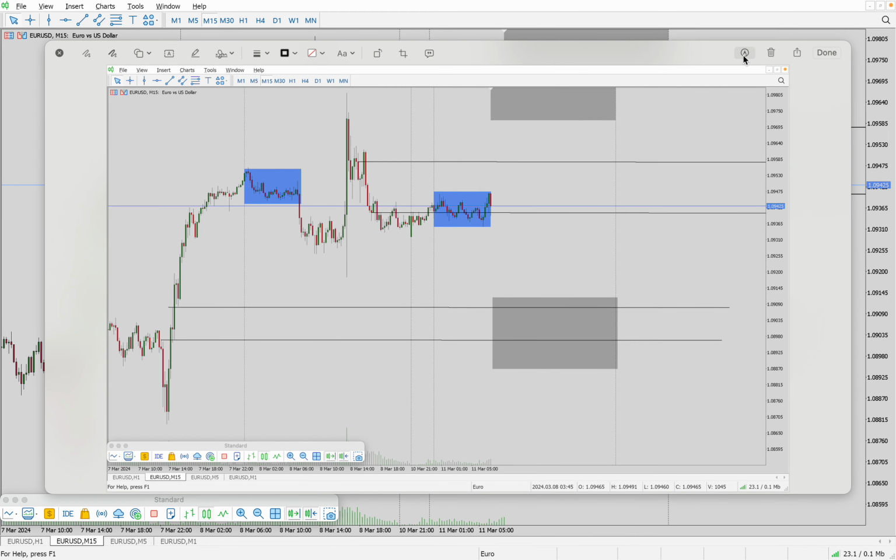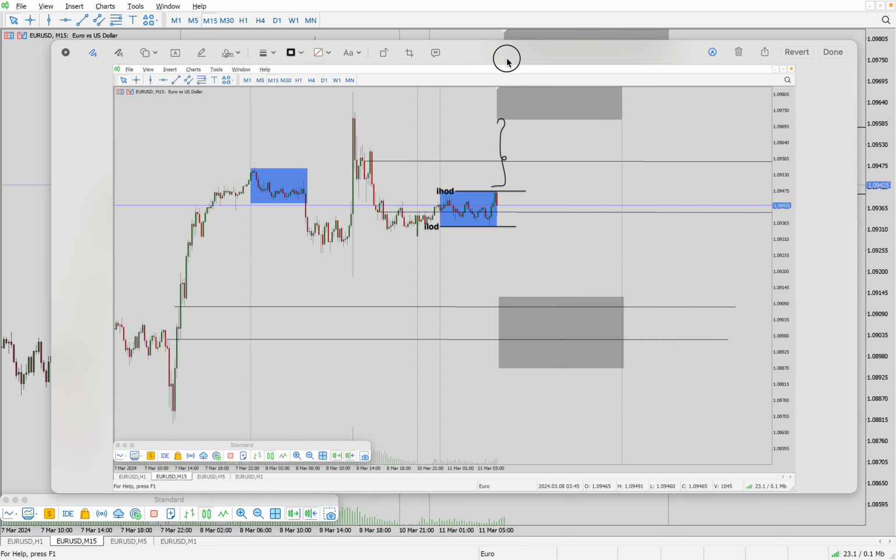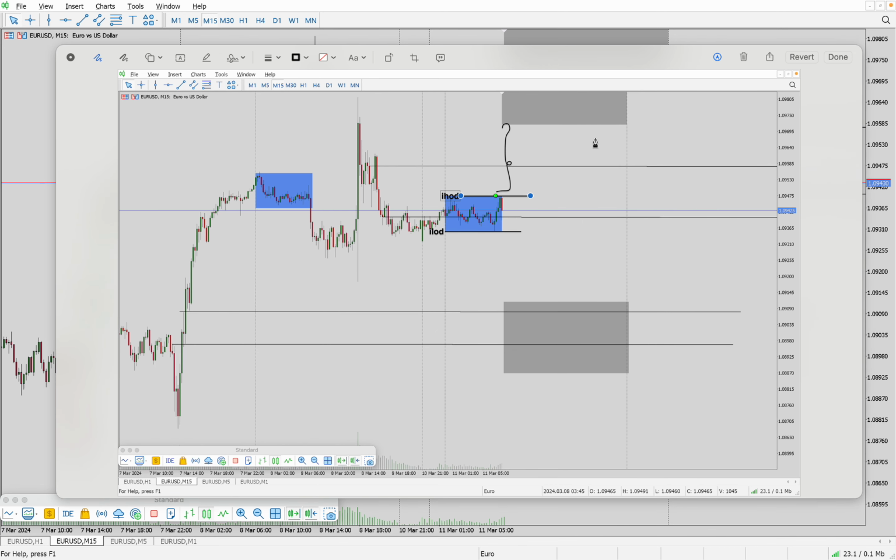Market makers usually extend the consolidation by 25 to 50 pips from the initial low of the day or from the initial high of the day. So they usually extend the stop hunt range by 25, or by trying to draw to the top of that box over there by 50 pips.